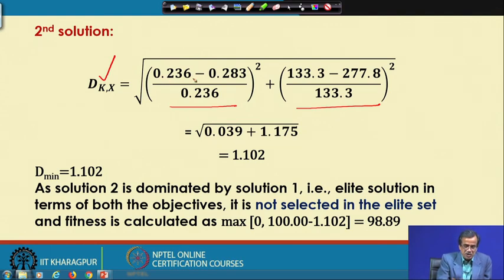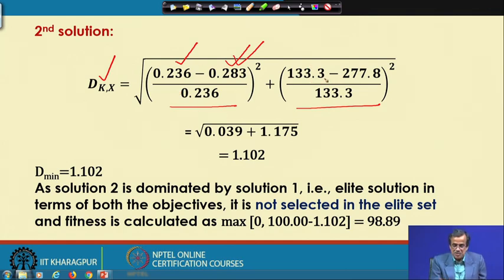Now, 0.236 is nothing but the value of f1 corresponding to the non-dominated solution, and 0.283 is the value of f1 corresponding to the second solution. So, we try to find out the numerical value for this.